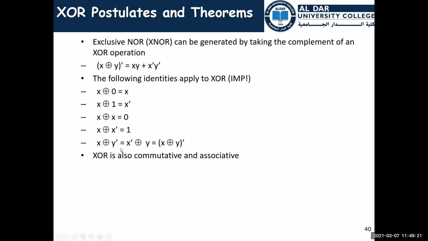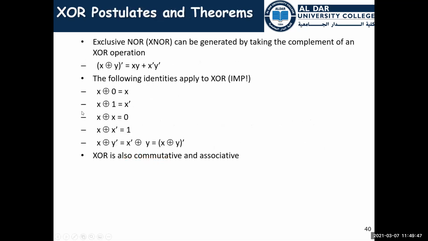So we know that XOR is commutative, which means we can change the position of the variables and we have the same logic. And associative means we can change the position of the brackets.